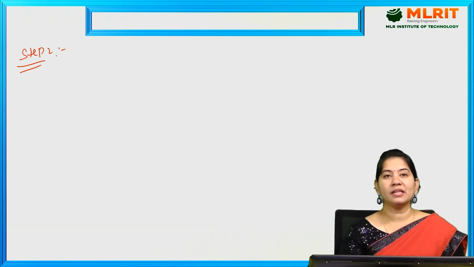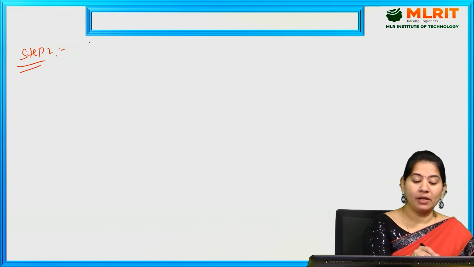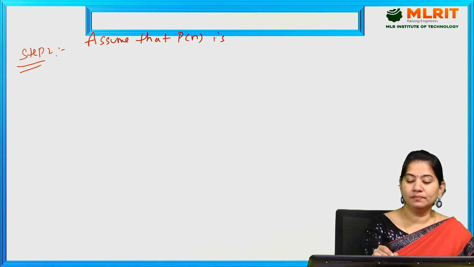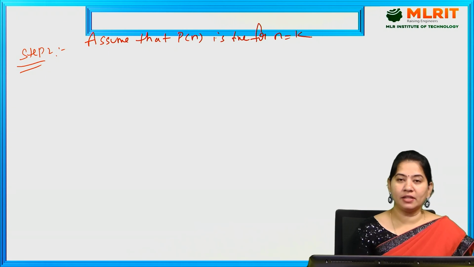So the second step here is, assume that P of n is true for n equal to k.